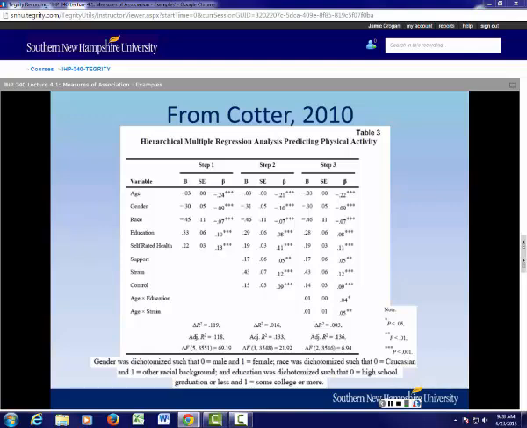When they added the next 3 variables, the r squared changed, and that change in r squared is given at the bottom, delta, or the triangle, delta r squared. It changed by 1.6%. When you make the adjustment, it is a total amount of variability of 13.3%. So these 8 variables account for 13.3%.